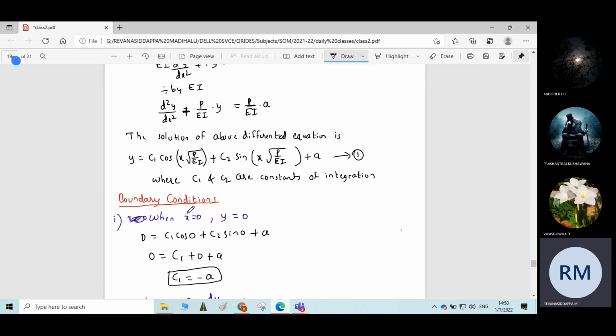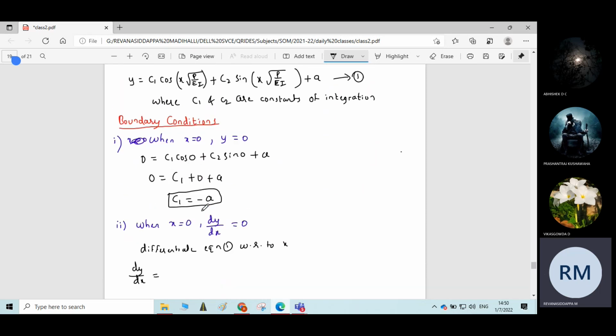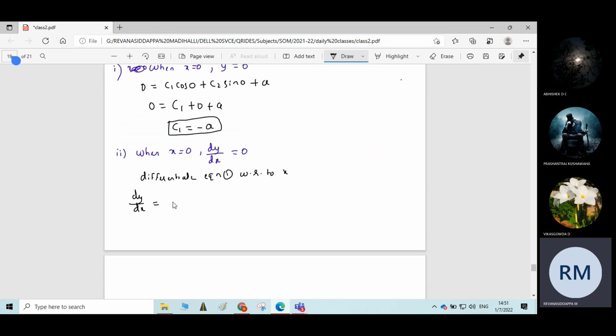what is the differentiation of c1 cos x root P by EI? It is minus c1 sin x root P by EI into the differentiation of this bracket term. What is the differentiation of this bracket term? Root P by EI.